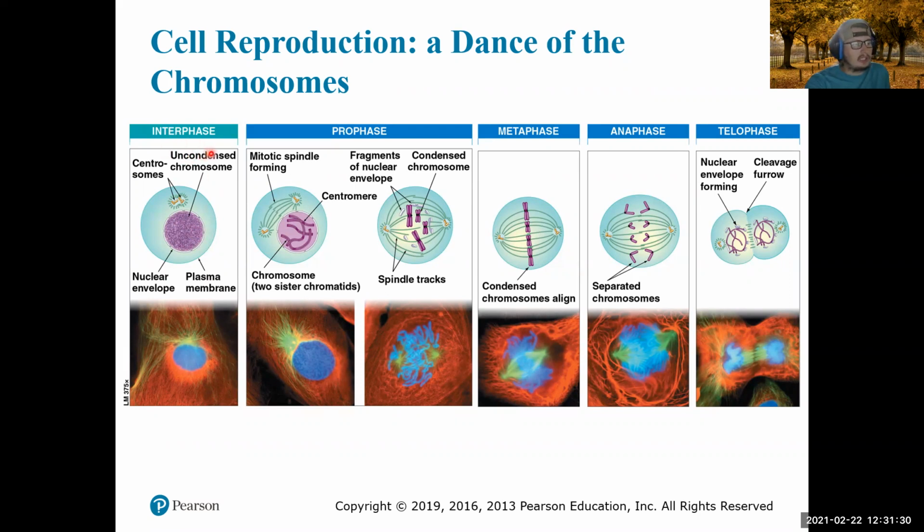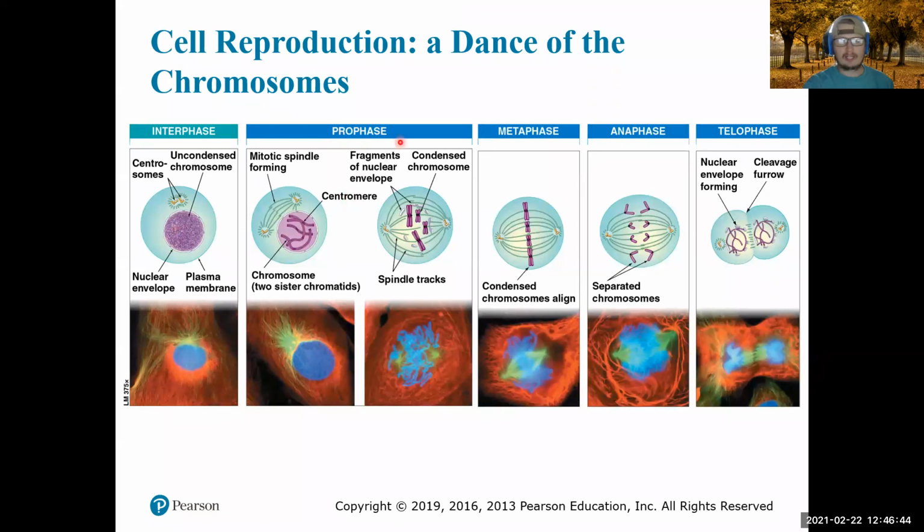After the cell enters the division phase, it will enter prophase. So pro being before, and phase, the first phase, or before all the phases. And so prophase is the first phase of the mitotic process.